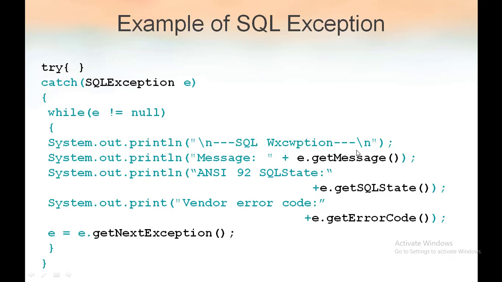First is e.getMessage. This will print the message. Next is the ANSI92 SQL state: e.getSQLState. This will print the SQL state. e.getErrorCode will print the error code. And the last method, e.getNextException. If there are other exceptions, it will print the next exception.